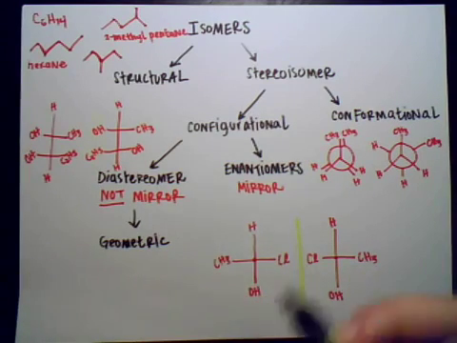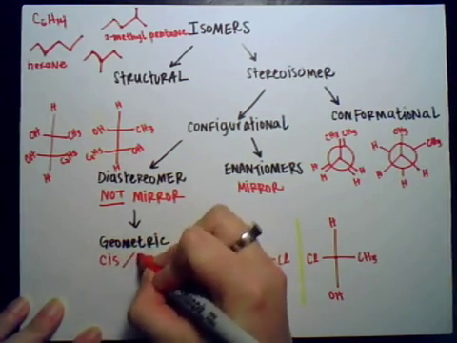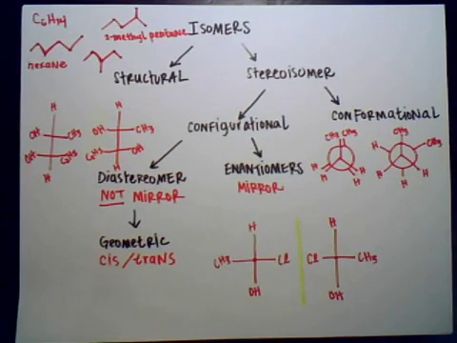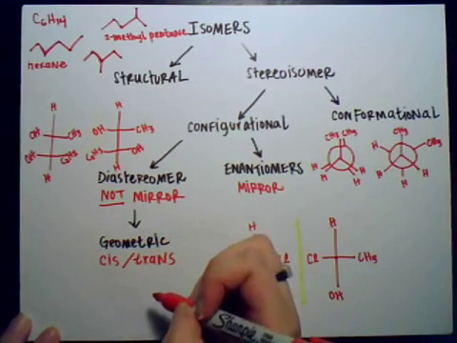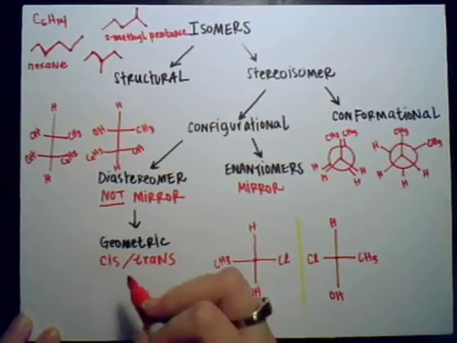So basically this is what we call cis and trans configuration. This is the easiest one in my opinion to be able to distinguish. How do we do that? Cis and trans specifically applies to alkenes, so double bonds.